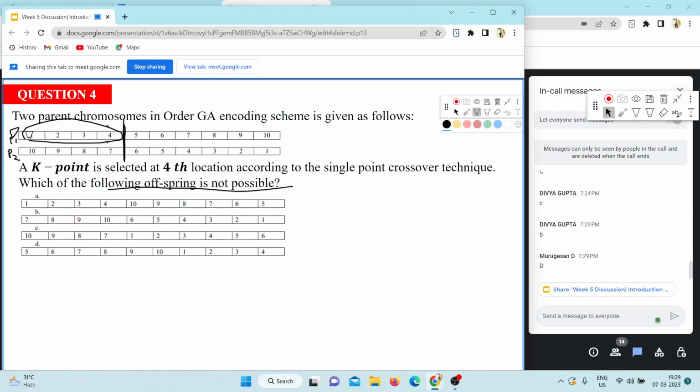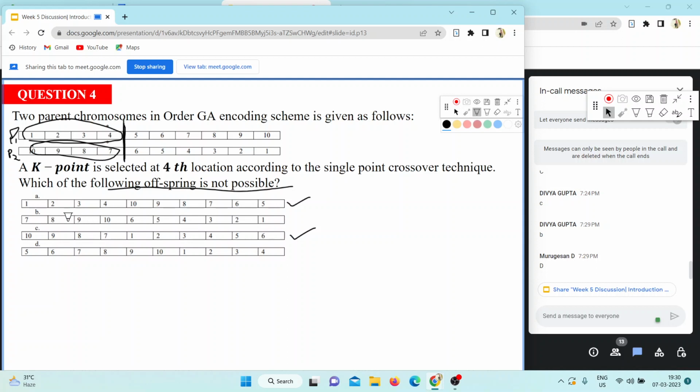So where there is 1 2 3 and 4, this is actually your children's solution, because the bits are copied from P1 as they are. Similarly, where there is 10 9 8 7, these bits are also copied as they are from the parents to the children. So A and C are the correct answers.